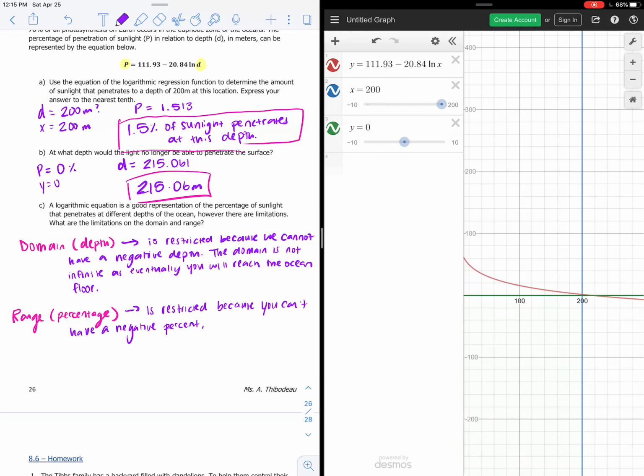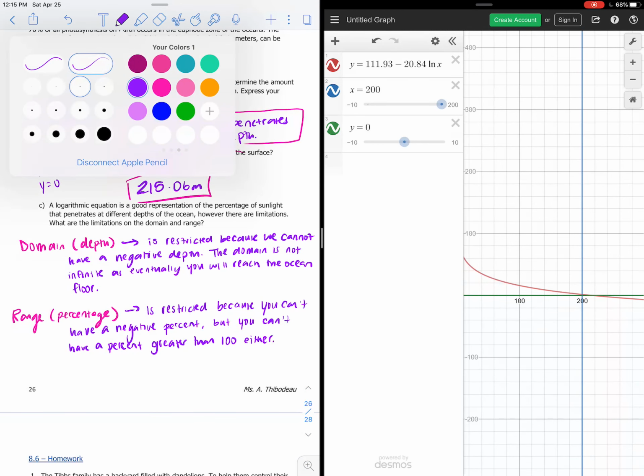But also, it doesn't make sense to have more than 100%. How could you have more than 100% of light penetrate the ocean? So the range is restricted because you can't have a negative percent, but you can't have a percent greater than 100 either.